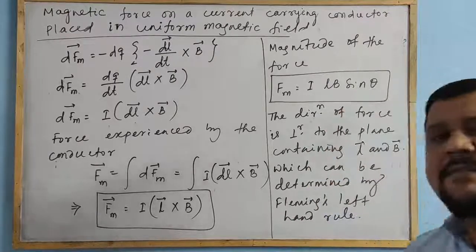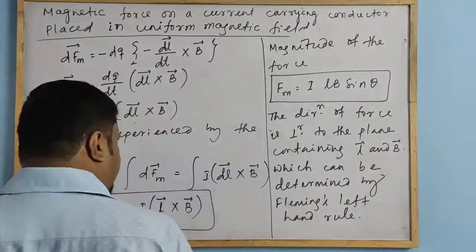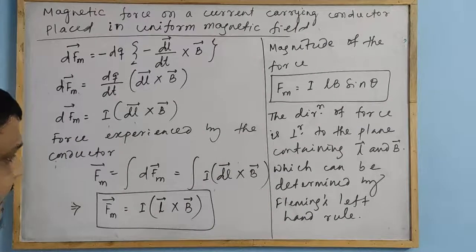Or there is another called the palm rule. We will discuss that. The direction can be determined by Fleming's left hand rule. Clear? So this is the direction of Fm.